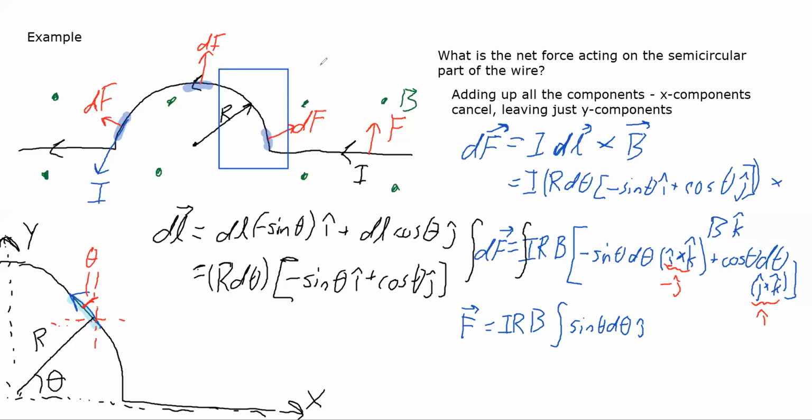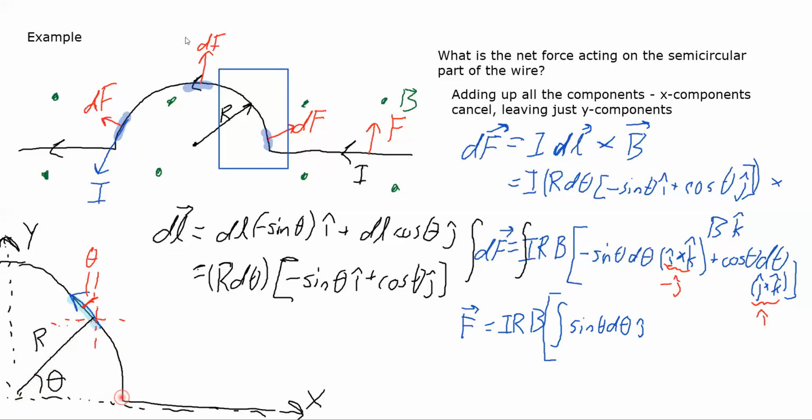Those two negatives there, this negative and this negative, cancel out, so they go away. I put a bracket here. And what do we mean by limits? Well, to determine the limits, we've got to see how we define theta in the first place. This is how I define theta. So the smallest theta we have is when we're looking down here, at this point.